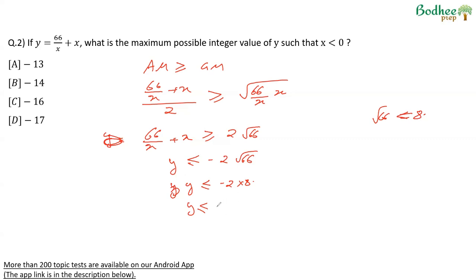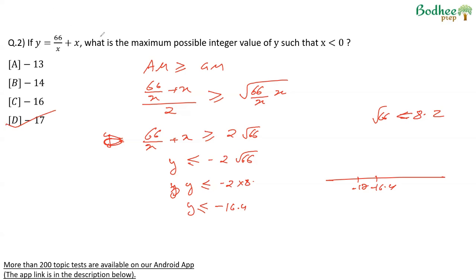Therefore, y has to be less than minus 16 point, suppose I'm taking the root of 66 as 8.2, so y has to be less than minus 16.4. The next integral value less than minus 16.4 is minus 17. And therefore, the maximum integral value that y can take such that x is negative will be minus 17.